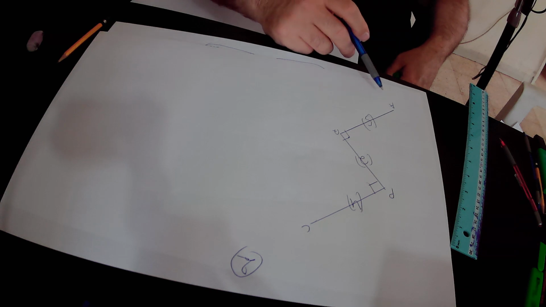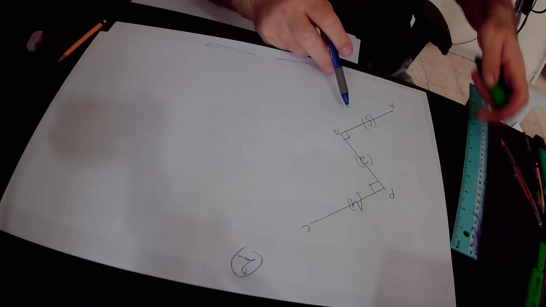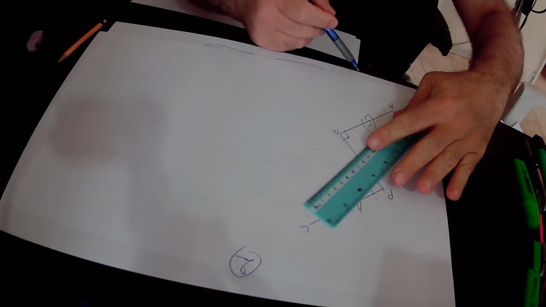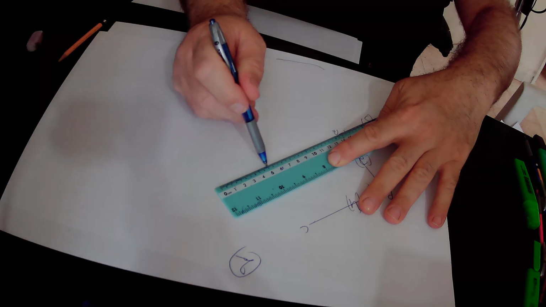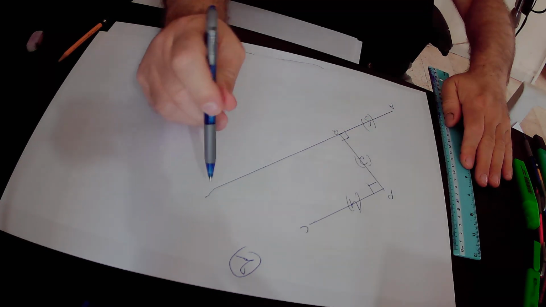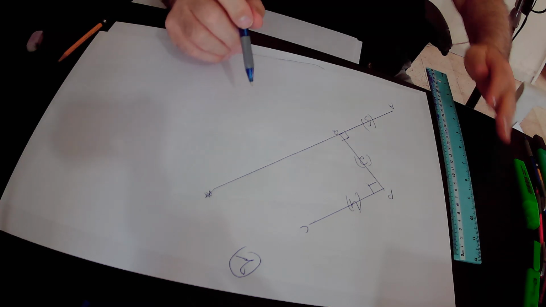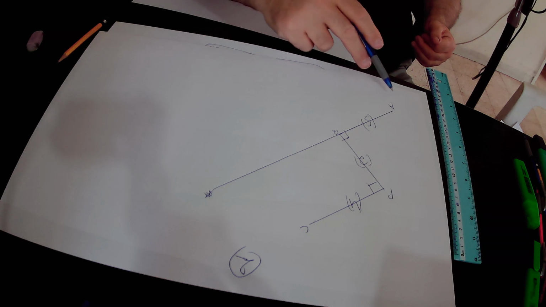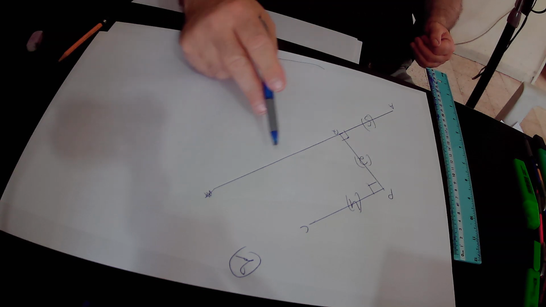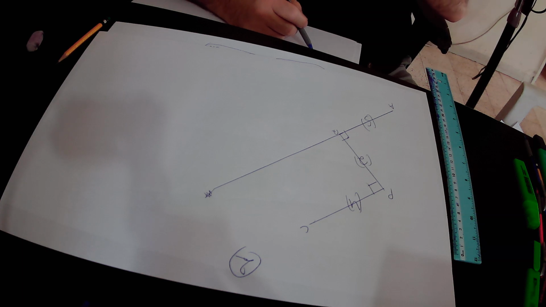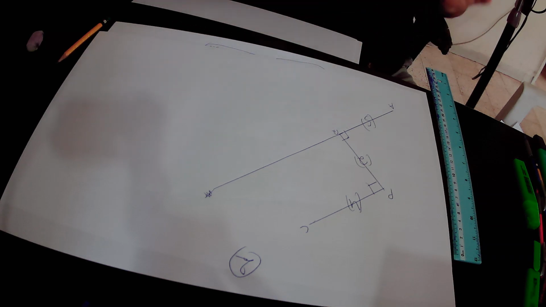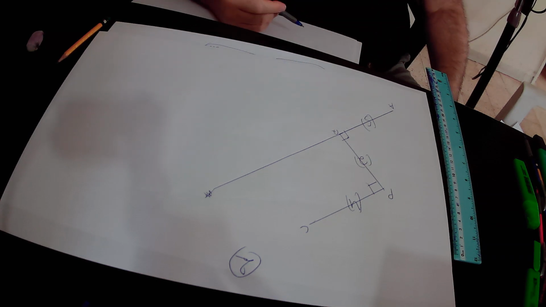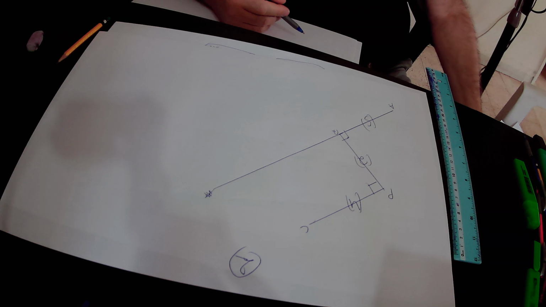In the next step, we'll extend the straight line AQ by a straight line. When you extend a straight line by a straight line, the result must be a straight line. Therefore, this is a straight line. If you focus on the upper side of this straight line at point Q, the sum of the angles must be equal to 180 degrees, according to rule 3, that the sum of the angles on one side of a straight line is equal to 180 degrees.